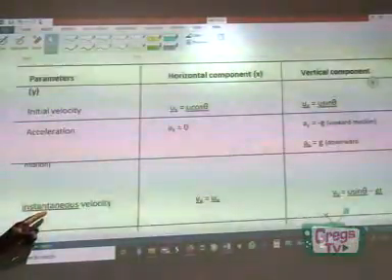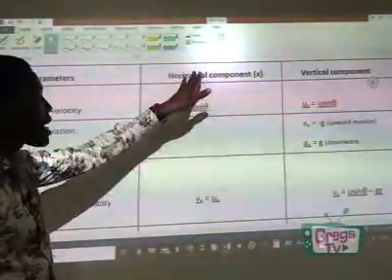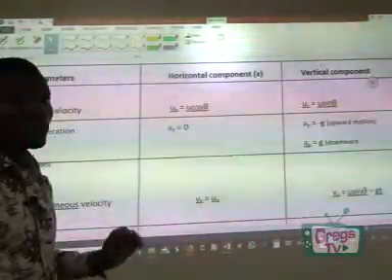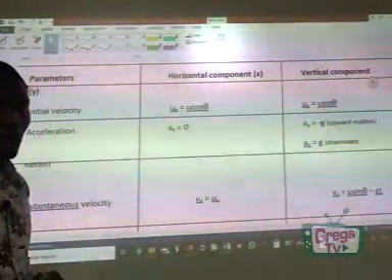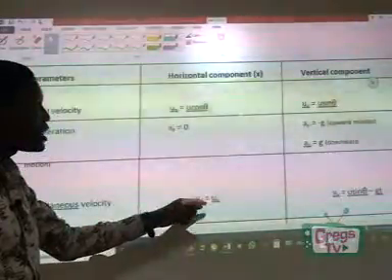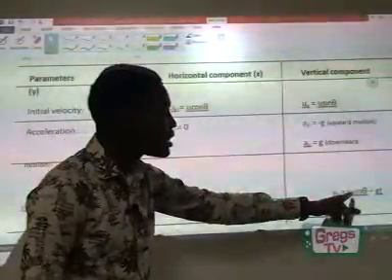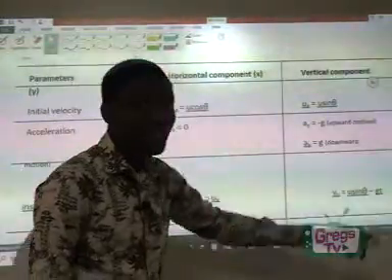Then there's something we call instantaneous velocity. Instantaneous velocity under the horizontal component is equal to the initial component of its speed. But under the vertical component it is equal to u sin theta minus gt.